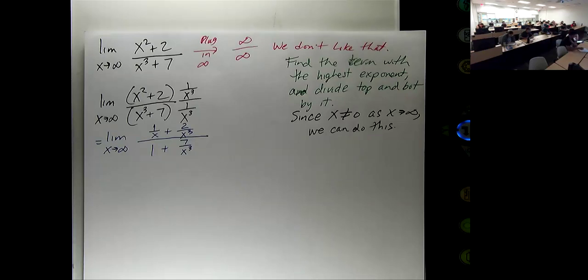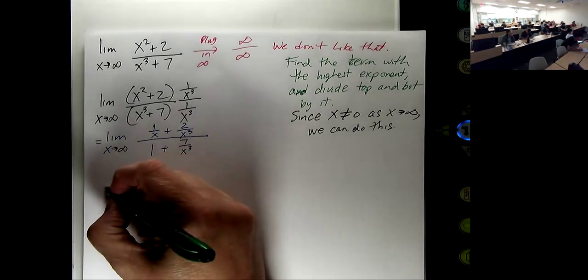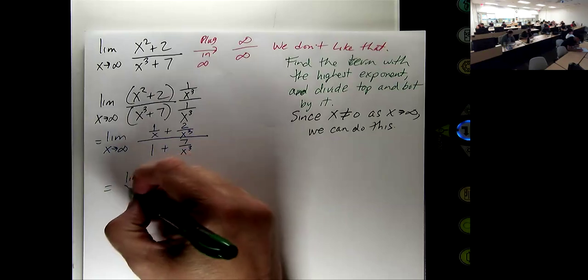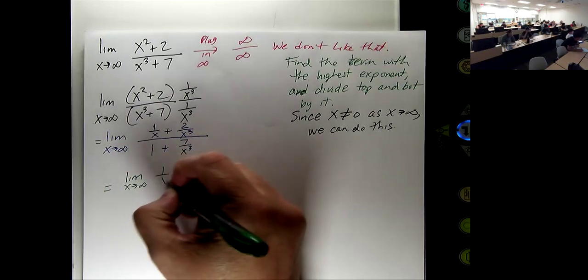I'm going to write this out in long form first, just so you see how the limit laws apply, and then I'll show you the way you'll probably want to do it. So we can distribute that limit as x goes to infinity to each piece.